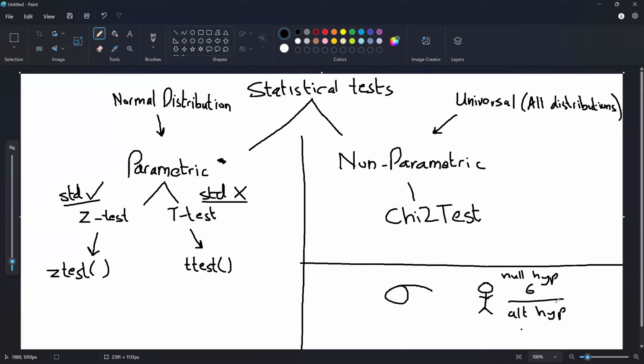There's three alternative hypotheses basically. It is either not a six, like the actual number is not a six, or it is bigger than six, or it is smaller than six. These are the alternative hypotheses.